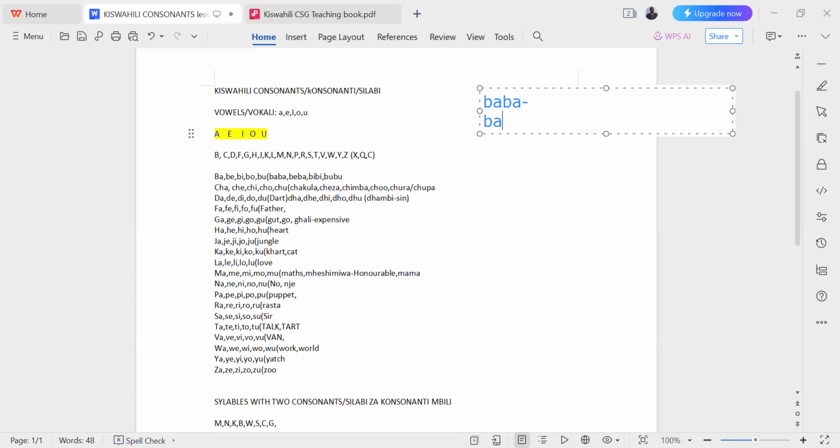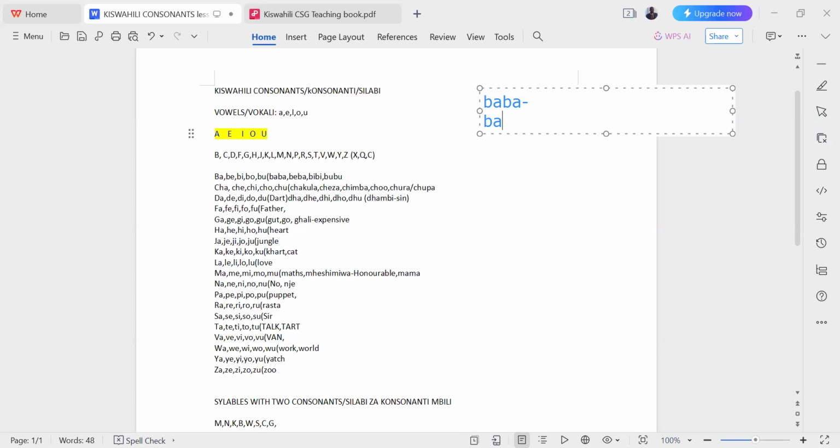These letters can be two consonants or two vowels. But in the last class we were looking at syllables of a consonant and a vowel. For example, the word ba is a B and an A, so there is one consonant and one vowel that makes up the syllable ba.